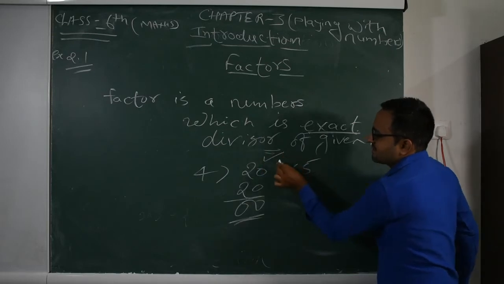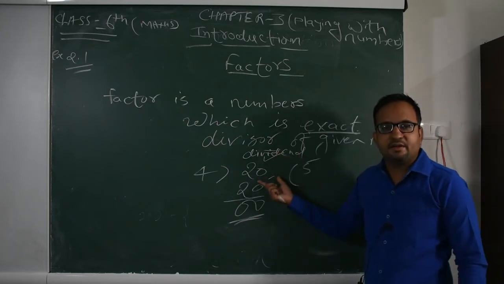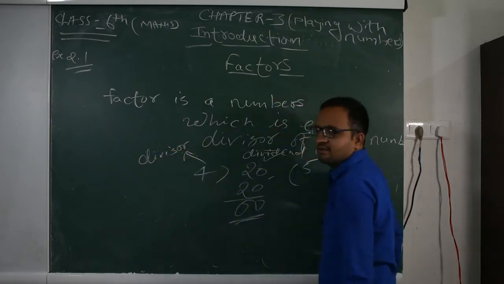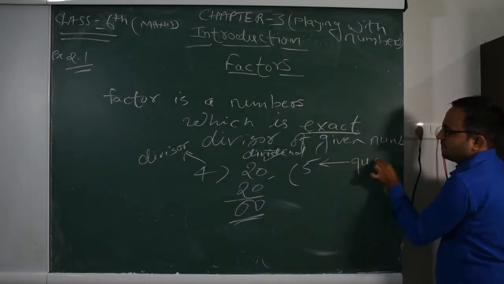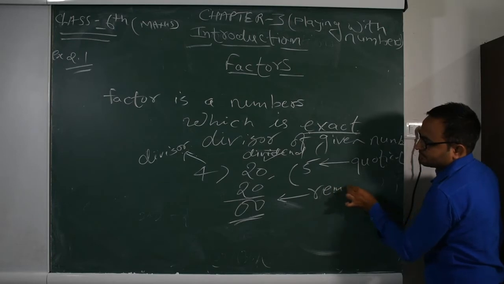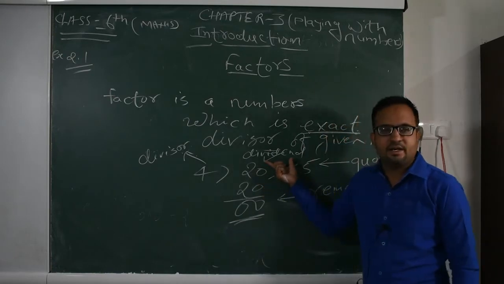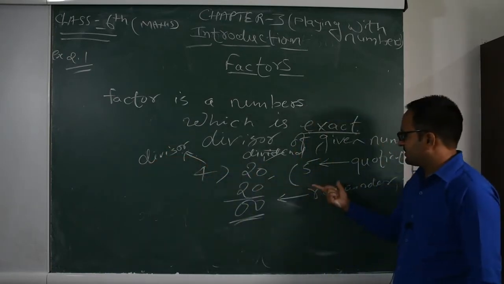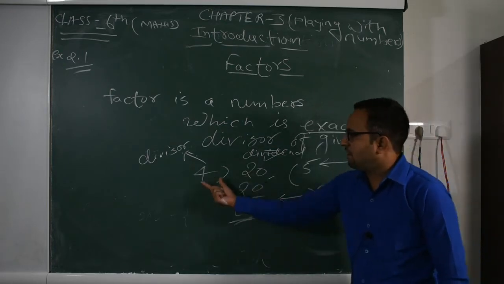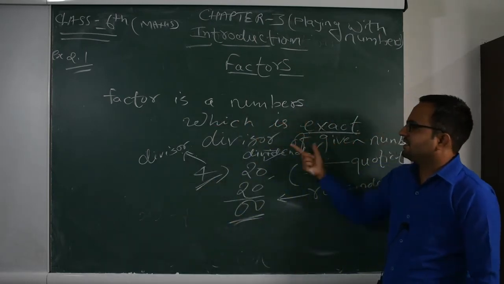So 20 is the dividend, 4 is the divisor, 5 is the quotient and 0 is the remainder. If we get remainder 0, we call the number an exact divisor. So a factor is an exact divisor of a given number.